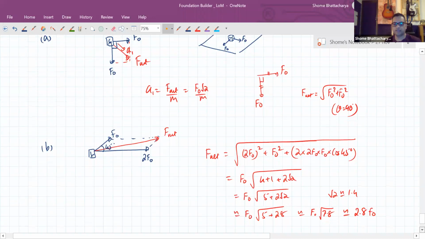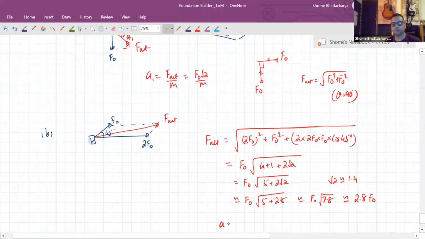Okay. So the acceleration will be this net force divided by mass. So that will be 2.8 F naught divided by m, which is approximately 2.8 into 5. Okay.